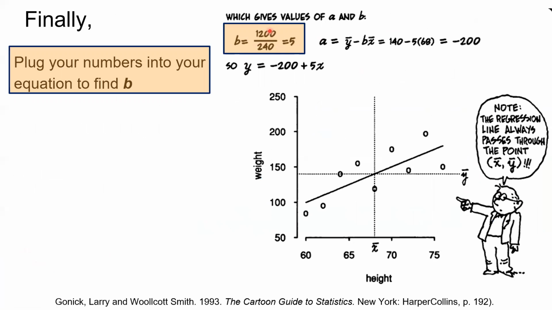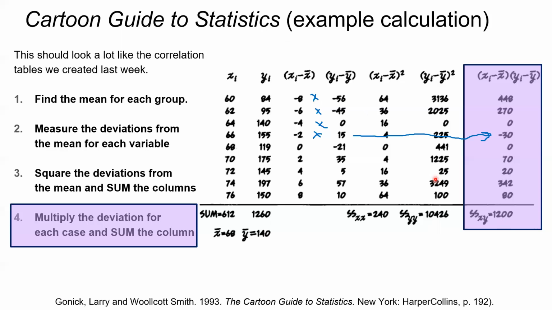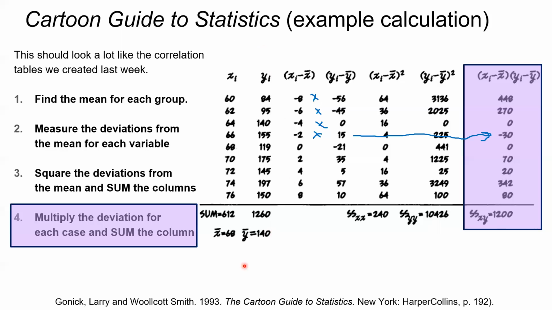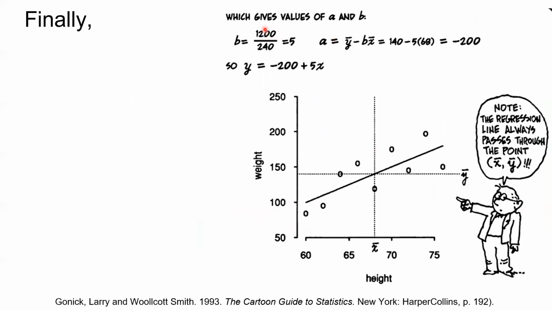Let me go back up and show you where 1200 came from. 1200 is this value here. And 240 is this value here, the sum of the squared deviations around X. So 1200 divided by 240 is equal to 5. So we now have B.